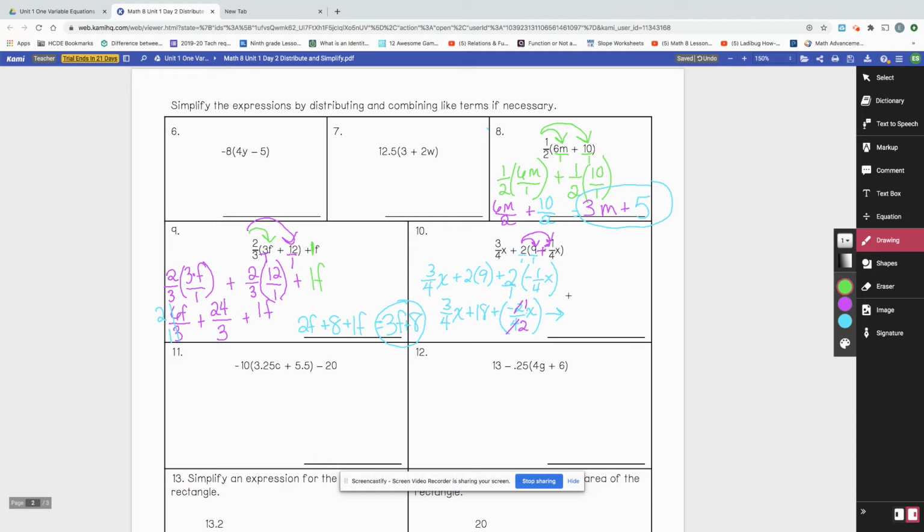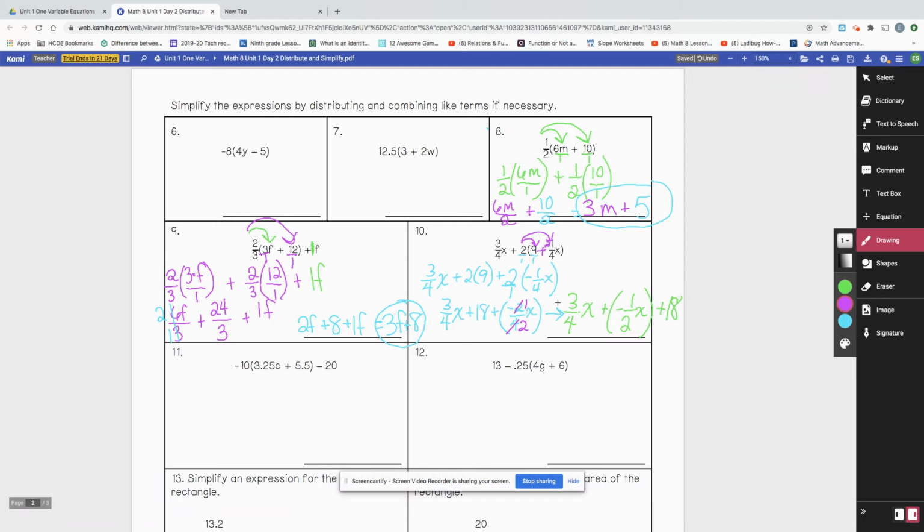Therefore, I would have 3/4 times x. And I'm going to go ahead and move this negative 1/2 x that I just simplified, plus a negative 1/2 x plus 18. Oops, not going to let me write anymore.